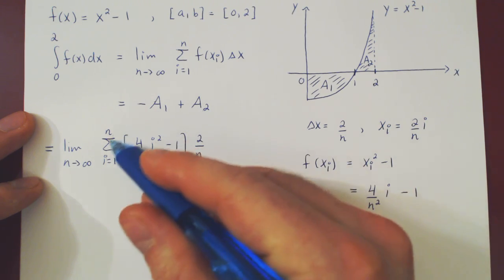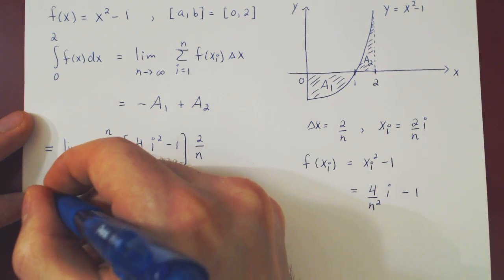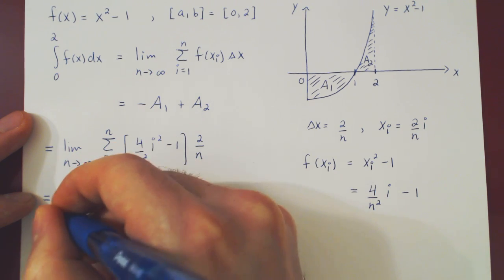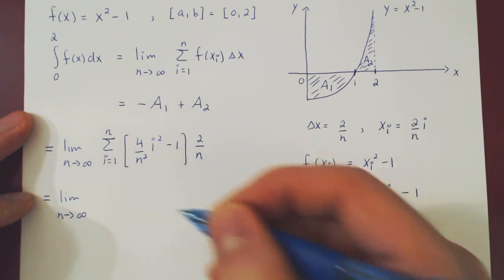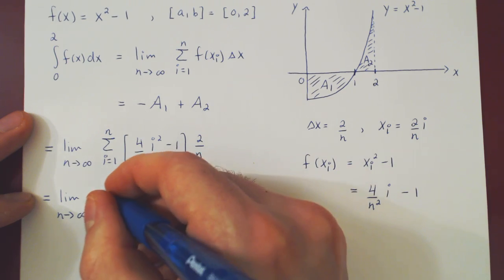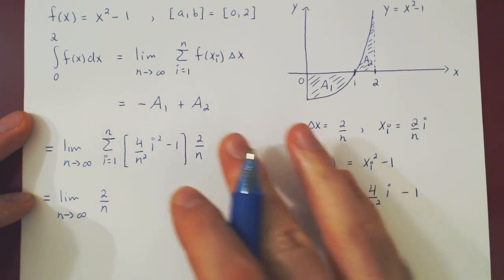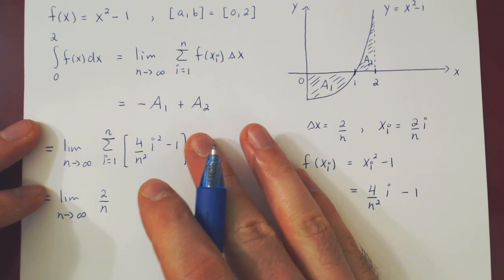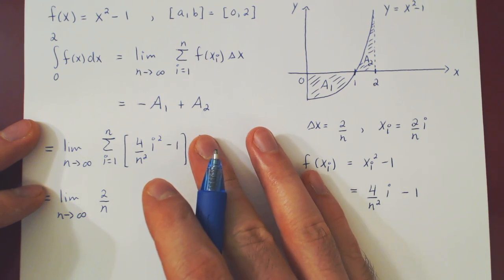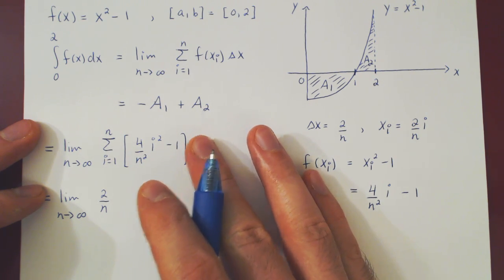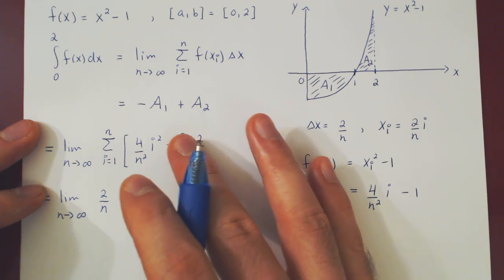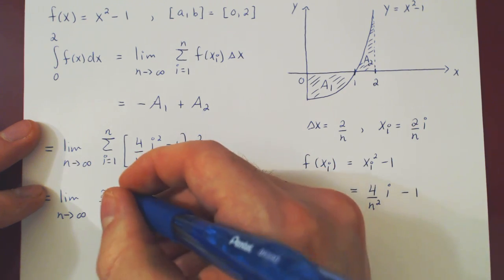We can pull this out of the summation. And here I'll be slick. I'll do two things at once. Once my 2 over n is out of the sum, I'm left with summing over the difference of these two terms. Well, property of sigma notation, I can sum these terms and these terms individually and then subtract.